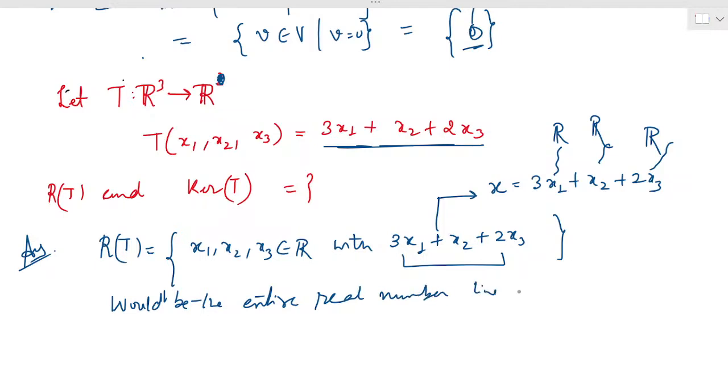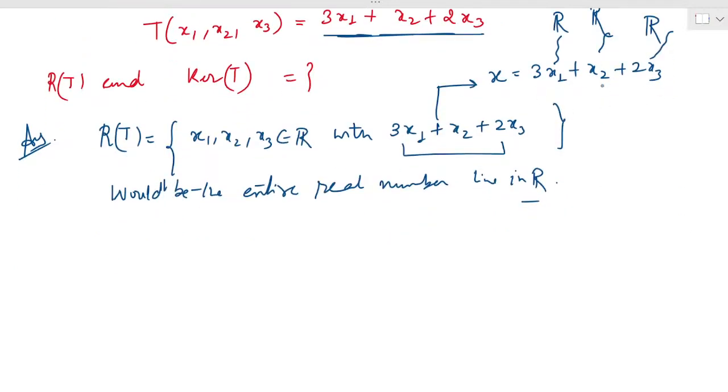Because you will take x1 from all real R, x2 from all real R, and x3 from all real R. If you do that, you're going to get the complete real number line, isn't it?